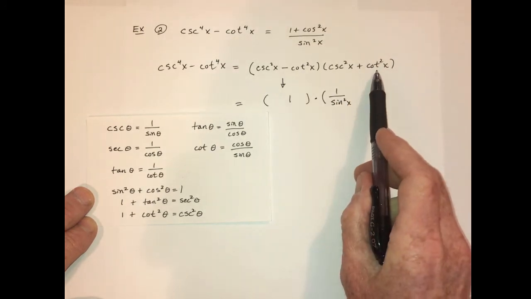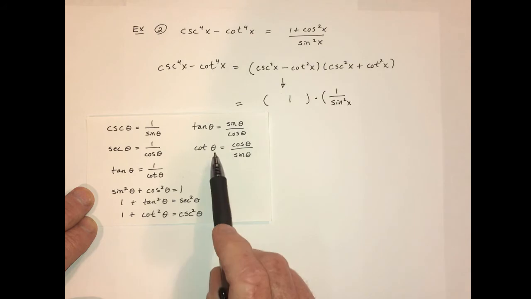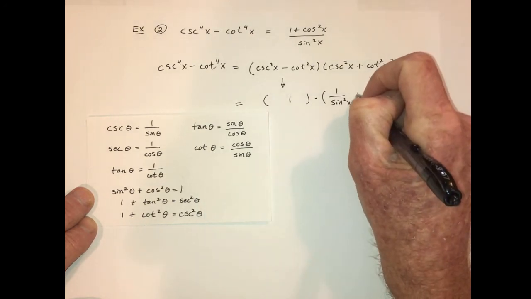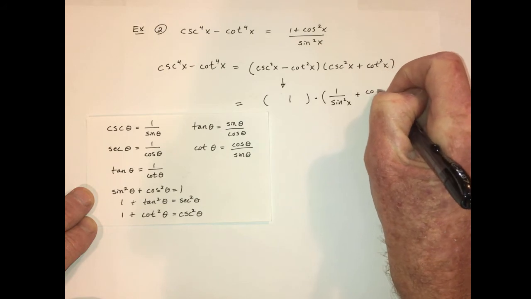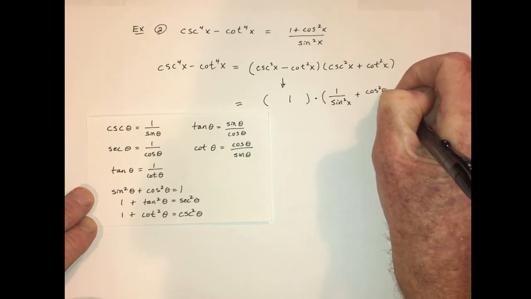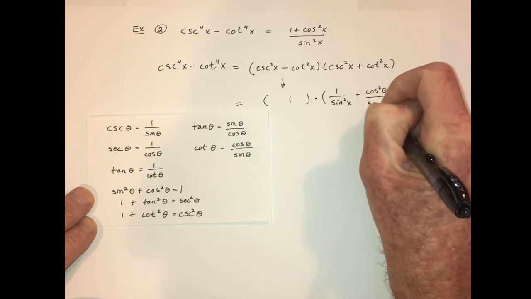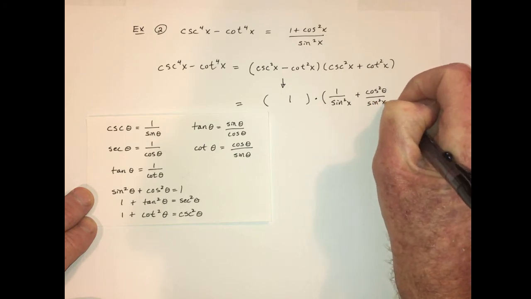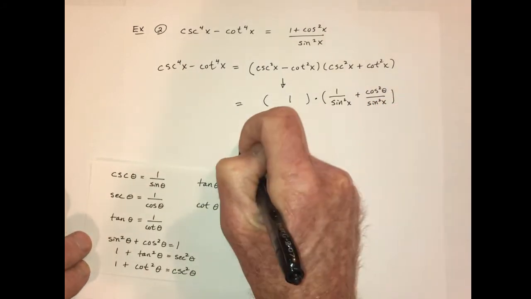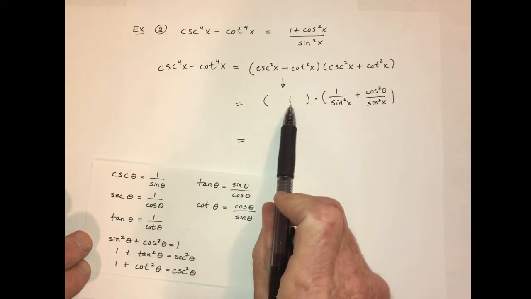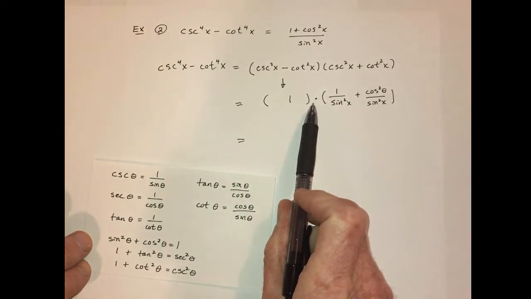And then for this one, I could use this identity, cotangent. So that means this one's going to be squared, so it's going to be cosine squared over sine squared. And then, of course, 1 times it doesn't change it, it's the same thing.